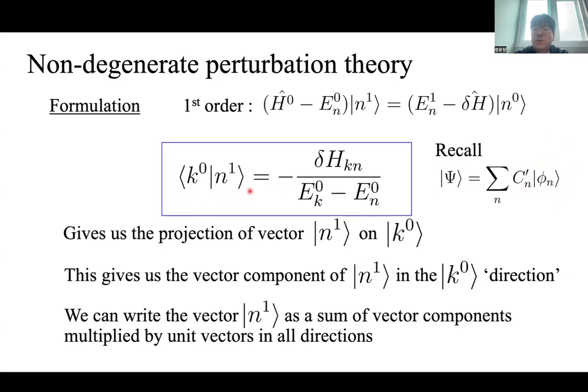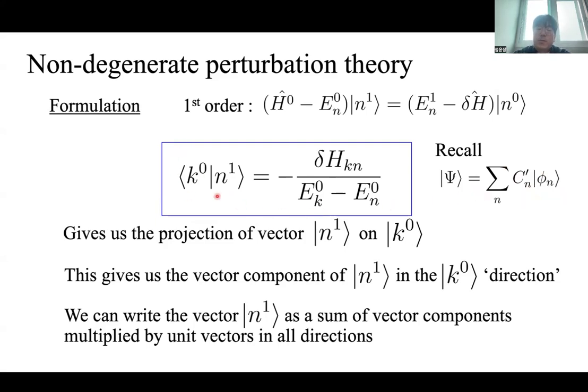This just gives me the projection of this vector, or it just gives me this coefficient in the kth vector, for example, because everything else is going to be orthonormal. They're going to die out. The only term that's going to survive is going to be this k vector.